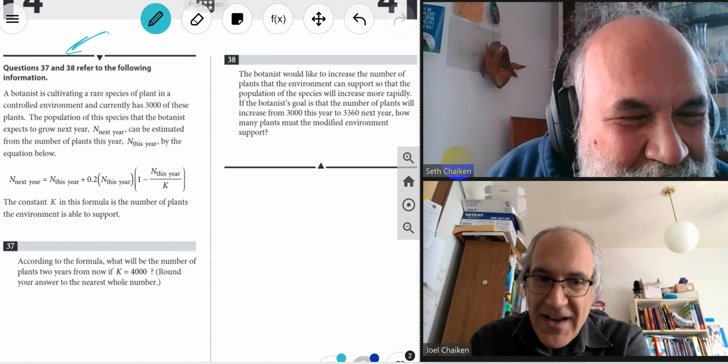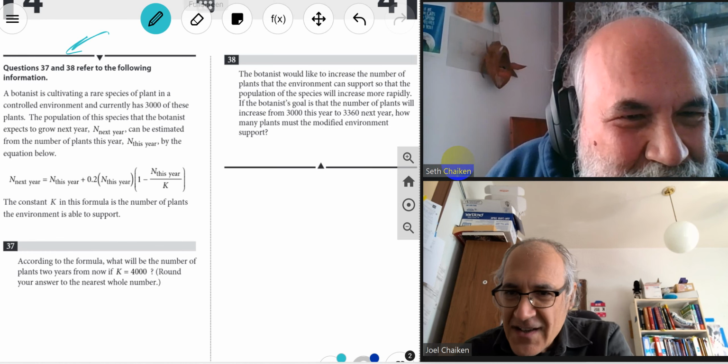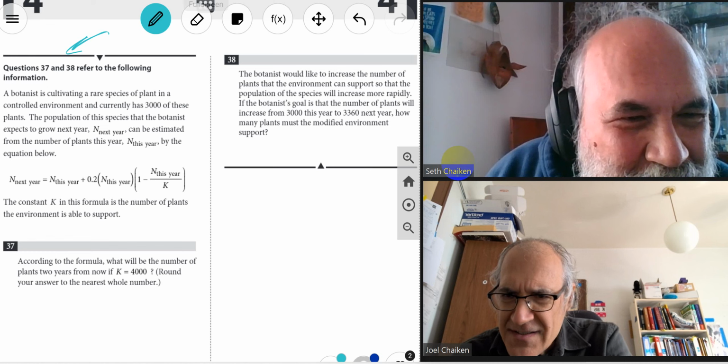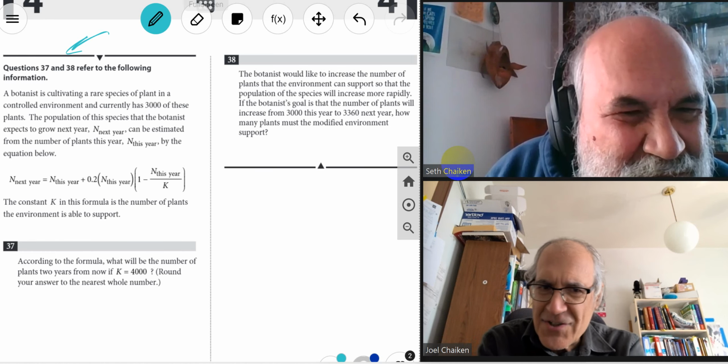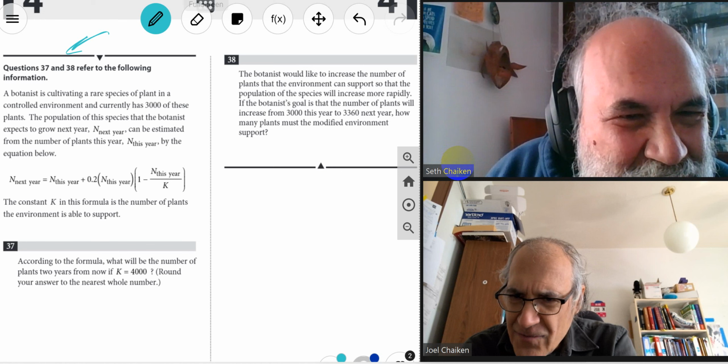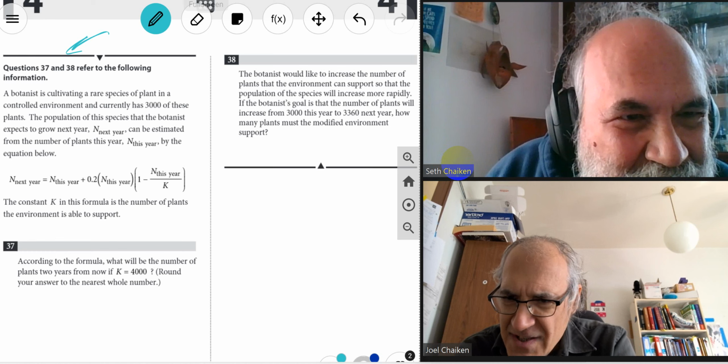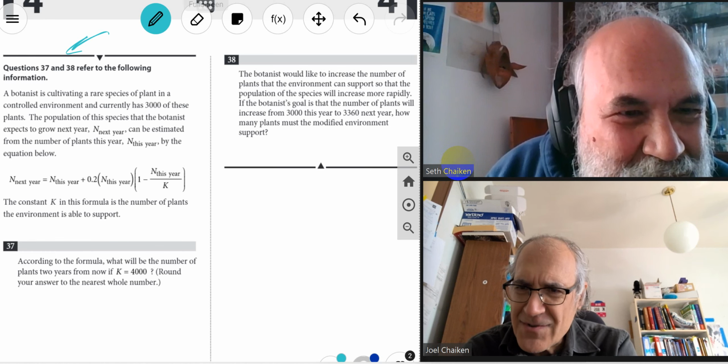A lot of things in life are like that. The constant K in this formula is the number of plants the environment is able to support. This comes from a biology type thing. According to the formula, what will be the number of plants 2 years from now if K is 4,000?